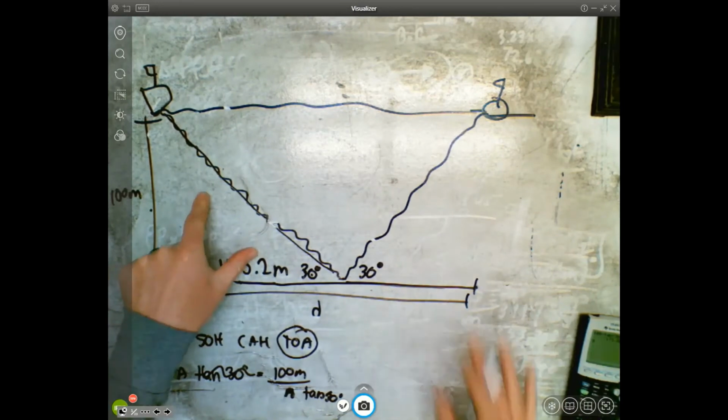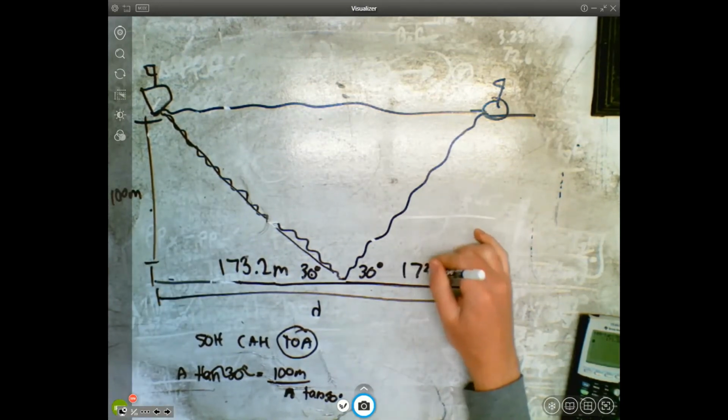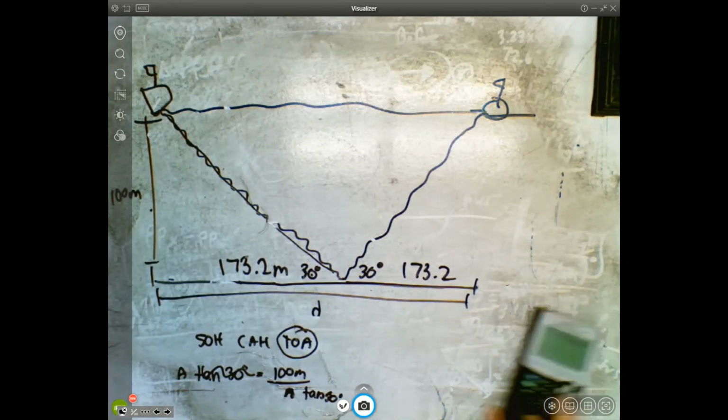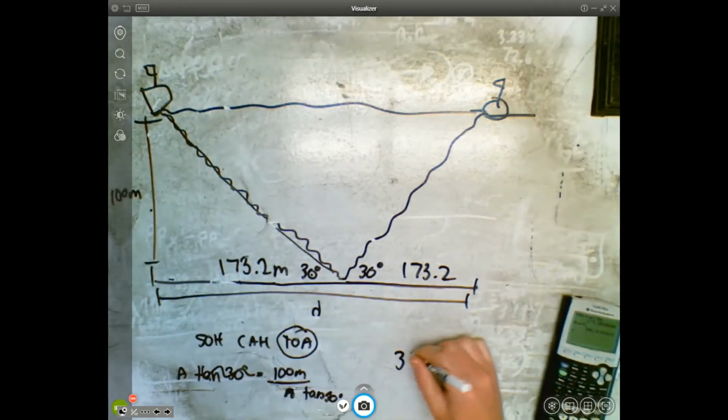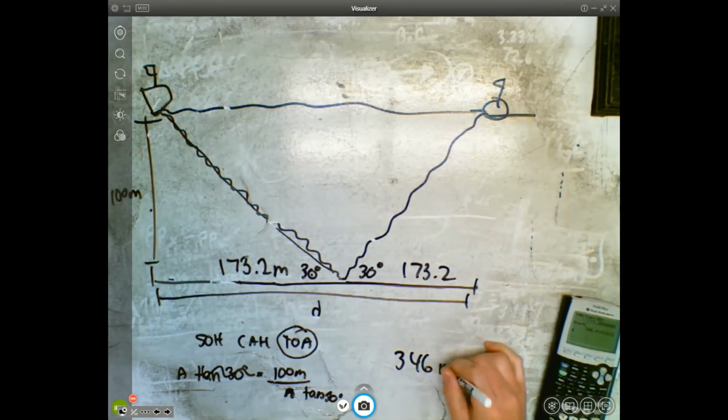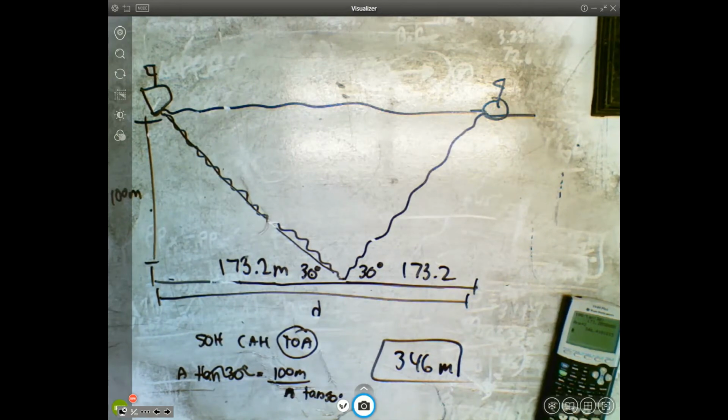And this triangle and this triangle are the exact same triangle. So this is 173.2. I multiply it by 2, and I get 346. We have 3 sig digs, so that's enough. So 346 meters would be my answer. So it's more of a trig question than a reflection question.